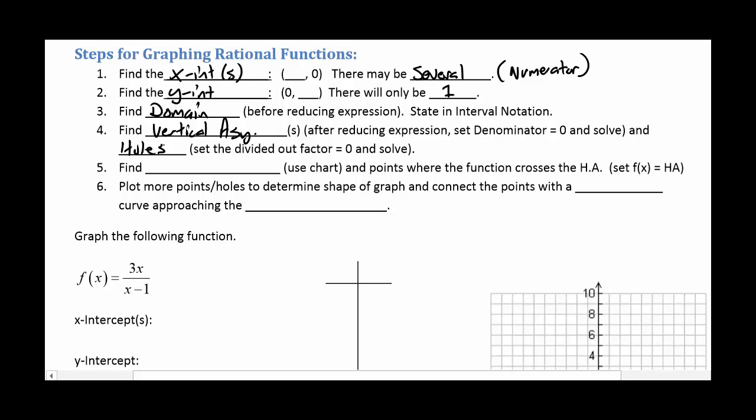Then we're going to find any horizontal asymptotes, and any points where it crosses the HA.